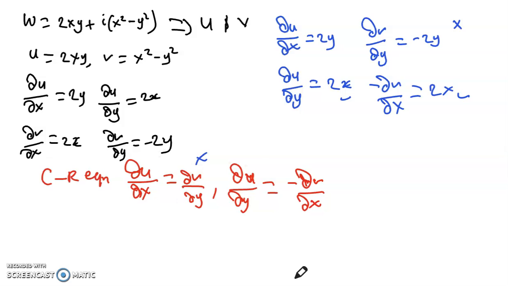So even though the second one is satisfied, the first one failed, and we cannot claim that this function is analytic, since it does not satisfy the Cauchy-Riemann equation. So what we can conclude is that W, the function that we are given, 2xy plus i into x squared minus y squared, is not analytic.